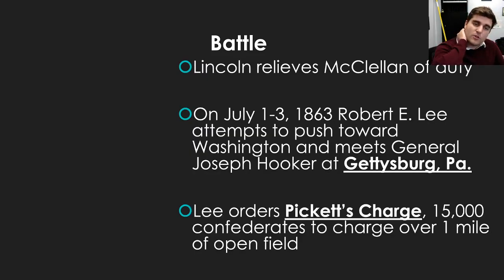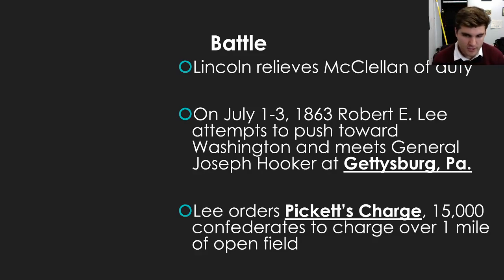On July 1st through 3rd of 1863, Robert E. Lee attempts to push toward Washington and meets Joseph Hooker at Gettysburg, Pennsylvania. And during the battle at Gettysburg, Lee orders Pickett's charge, which was 15,000 Confederates trying to charge over 1 mile of open field.